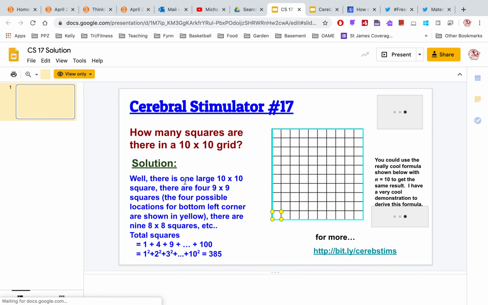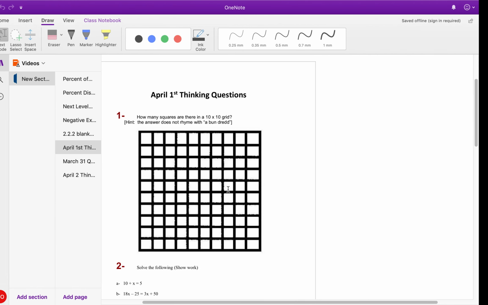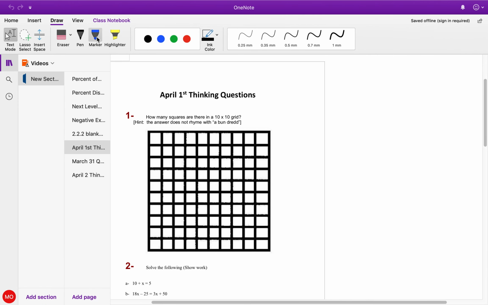Okay? So how many squares are there? Well, if you think about it, there's one 10 by 10 square as such. Then there's four 9 by 9 squares. If we go back here, one of my four 9 by 9 squares would start here. We'll go like this.